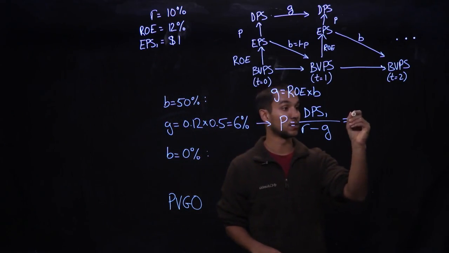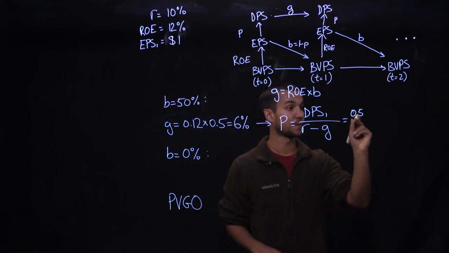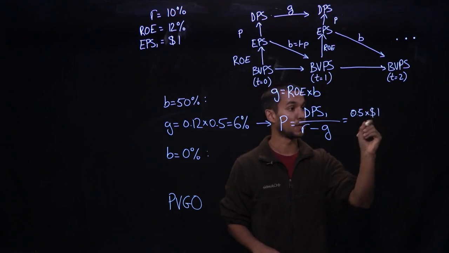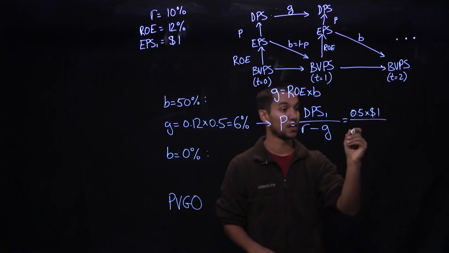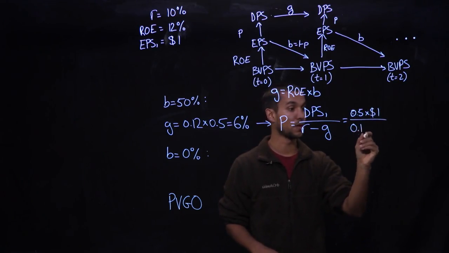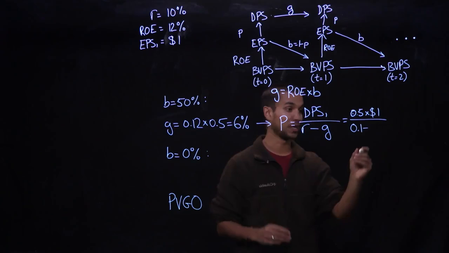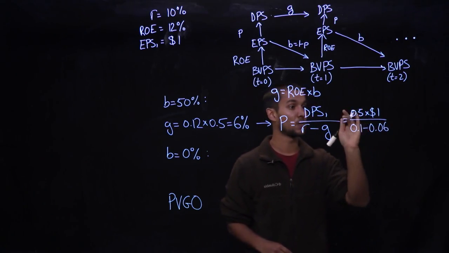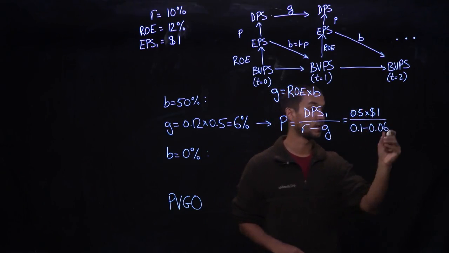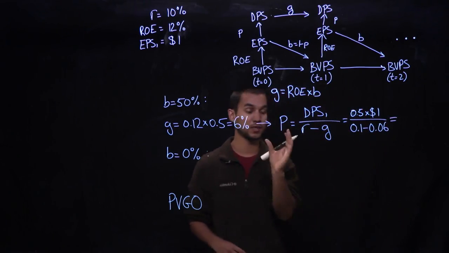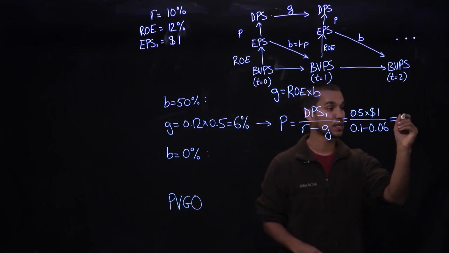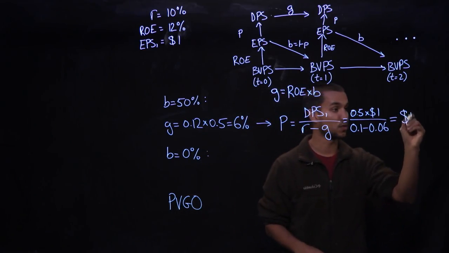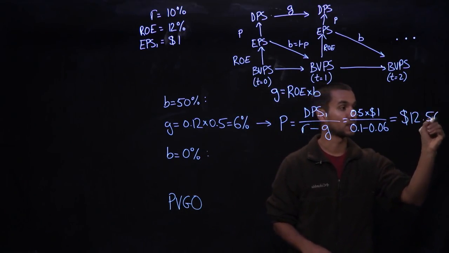So this is equal to 0.5 times $1 divided by the cost of capital, 0.1, minus the growth rate, G, 0.06. And so if we multiply this all out together and compute the price of this company, we find that the estimate of the price is $12.50.